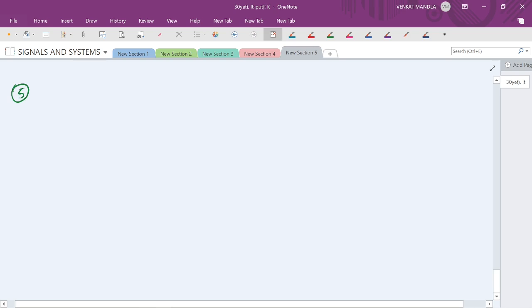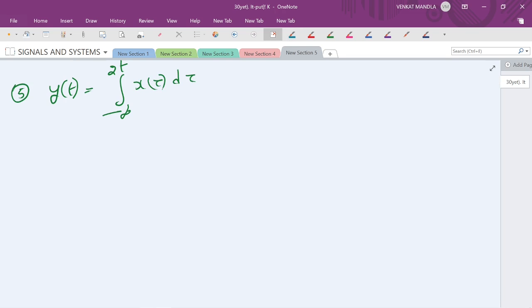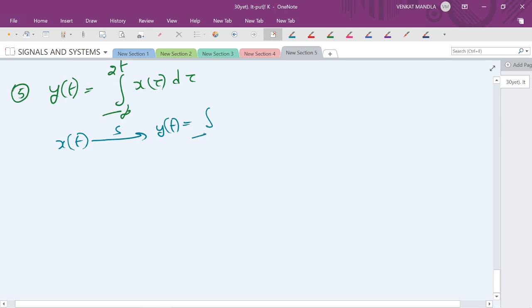Fifth one, y(t) equals the integral from minus infinity to 2t of x(tau) d tau. Same procedure. x(t) is the input to the system, then y(t) equals the integral from minus infinity to 2t of x(tau) d tau.